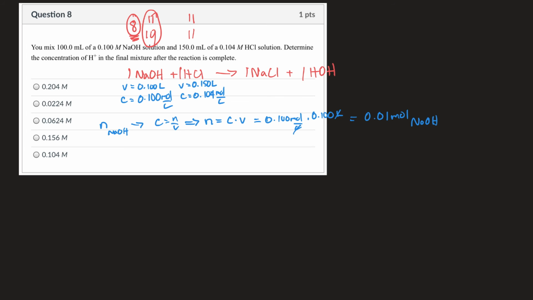Okay, so now let's figure out how many moles of HCl I have. Same formula, right? Moles are going to be equal to C times V. Concentration is 0.104 moles per liter, and the volume is 0.150 liters.